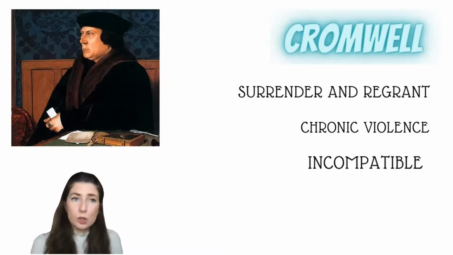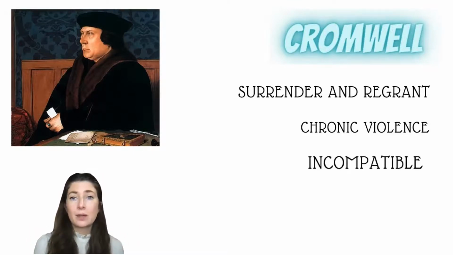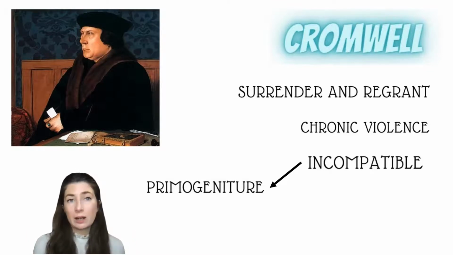And essentially on top of that, Gaelic Irish society was fundamentally incompatible with English law and central government. They run under completely different systems. One example being the fact that England runs off the system of primogeniture, the idea that your eldest son will inherit.